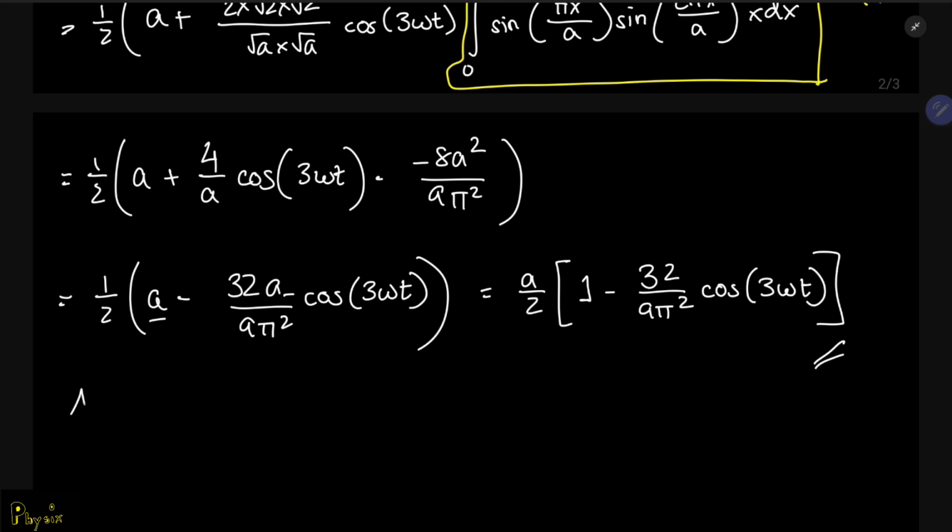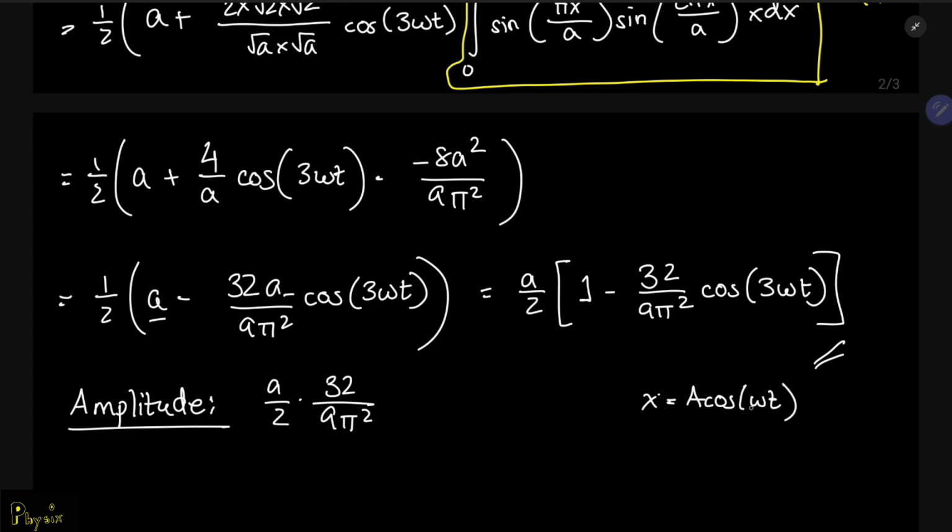Now, as for the amplitude, the amplitude is basically a all over 2, 32 all over 9 pi squared. And this is achieved by comparing this equation with that of the wave, which is x is equal to a cosine of omega t.